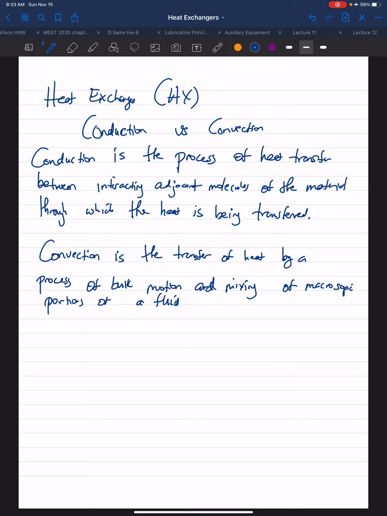For example, if you heat air and hot air rises, then the hot air that's rising begins to mix with the cooler air that's higher, and then the process repeats, and that's an example of convection. So heat transfers from a hotter temperature fluid to a cooler temperature fluid. That's the direction in which heat flows.